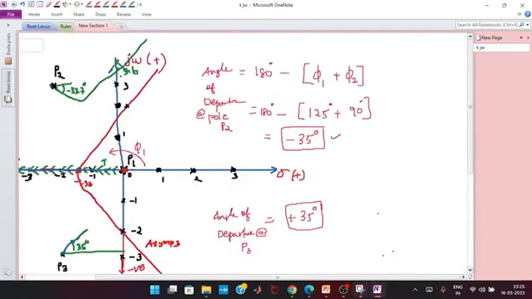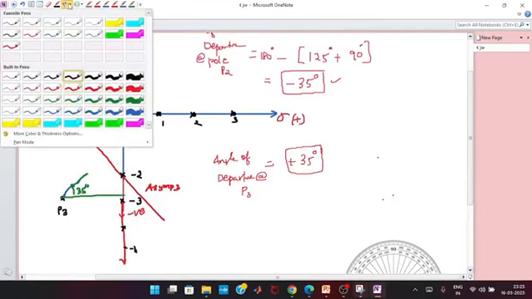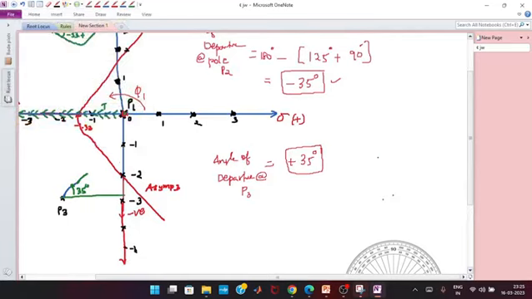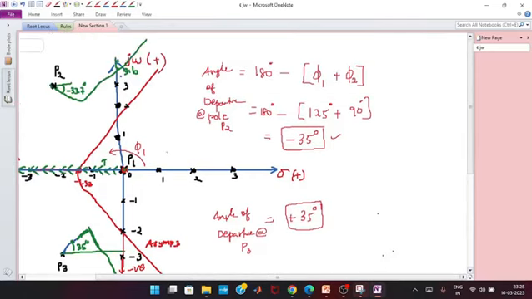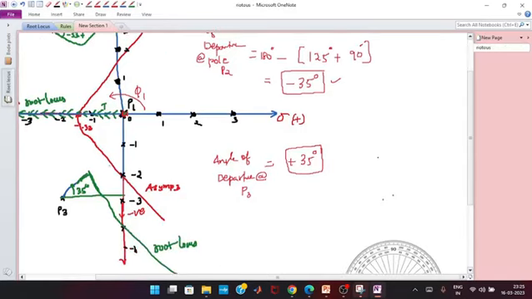So where will the root locus be? It will be like this. This is our root locus, this is another root locus, and this is the last root locus.